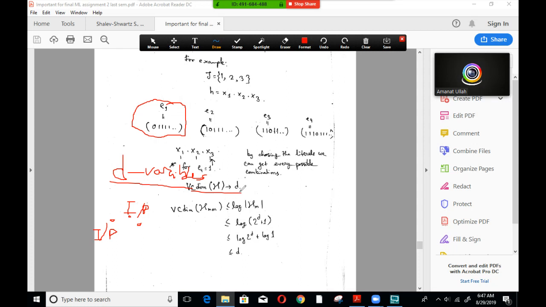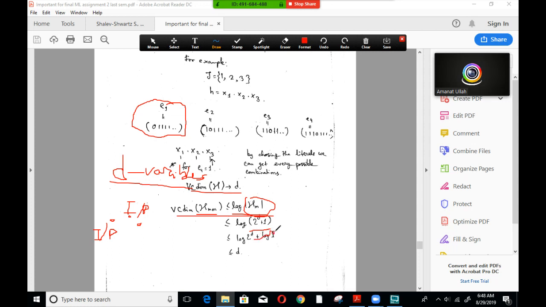This is one way you can solve the problem. Another way is you can use the formula which takes into account the size of the hypothesis class. So the VC dimension of the hypothesis class would be smaller than log of the size of the hypothesis class, and here the size of the hypothesis class is 2 to the power d.